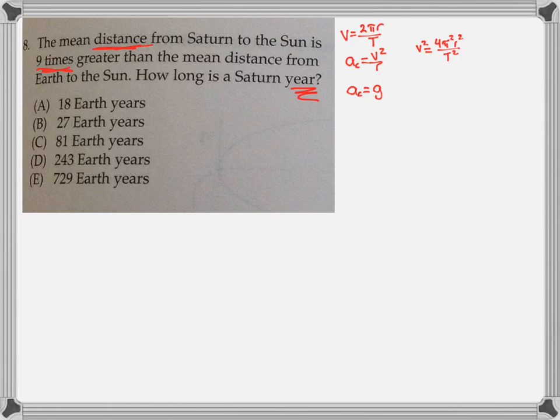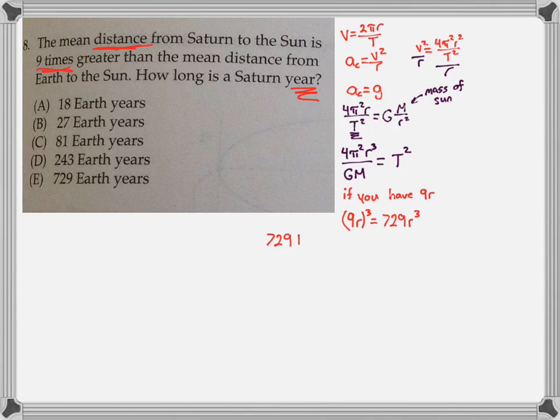If we square the velocity, we know velocity squared is 4 pi squared r squared over T squared, and if we divide both sides by r, we have that the centripetal acceleration is 4 pi squared r over T squared, which is equal to little g, which is big G mass of the planet over r squared. In this case, the big M is the mass of the sun because it's the thing being orbited. We clean up the equation a bit, and we can isolate the period a little further.